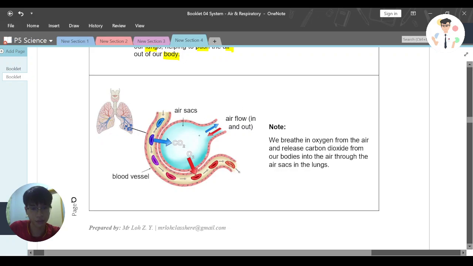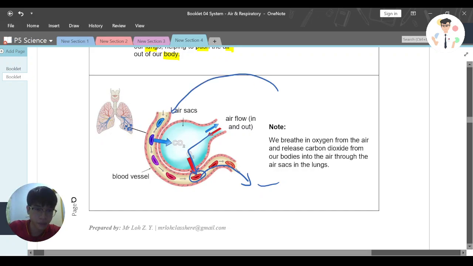These tiny sacs have air, for example oxygen. Then they give this oxygen to the blood, where the blood will carry the oxygen to different parts of the body. After that, they will also give back the carbon dioxide, which is something the body doesn't need, right?